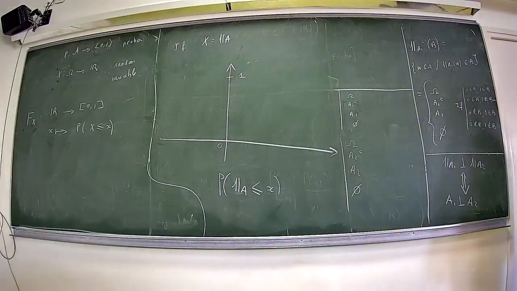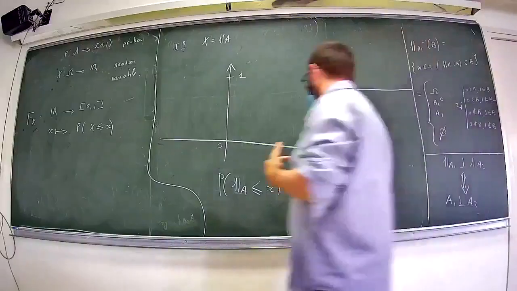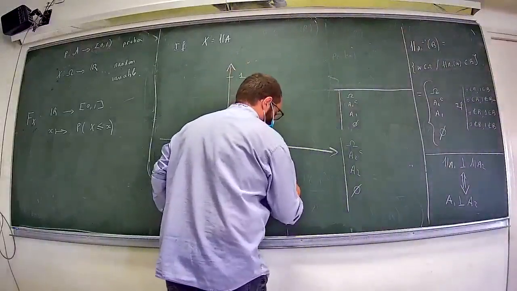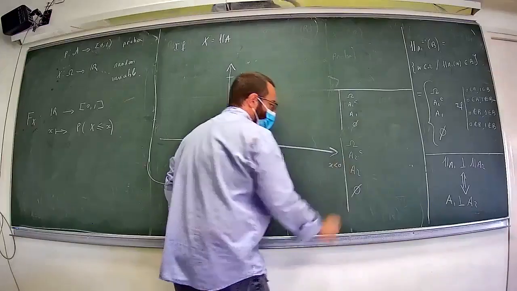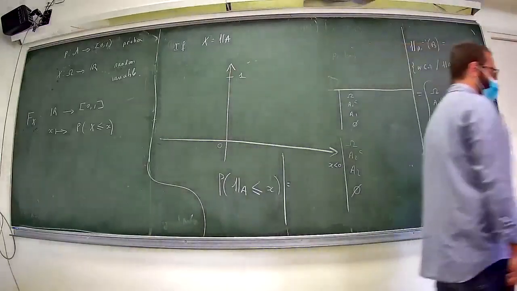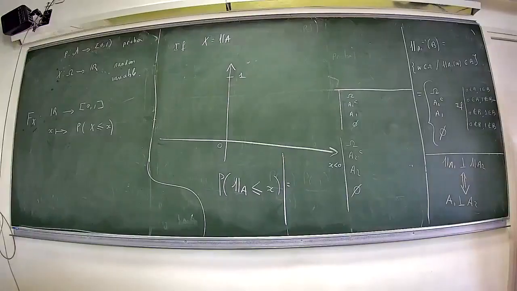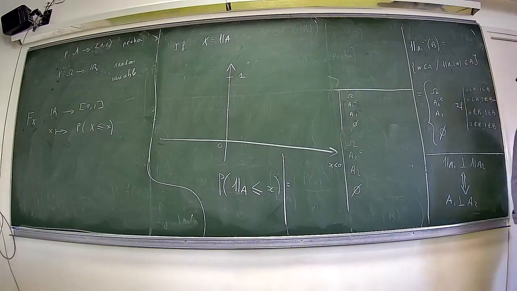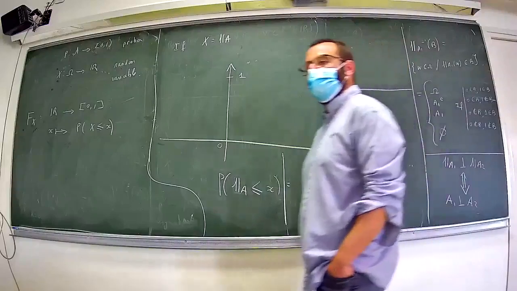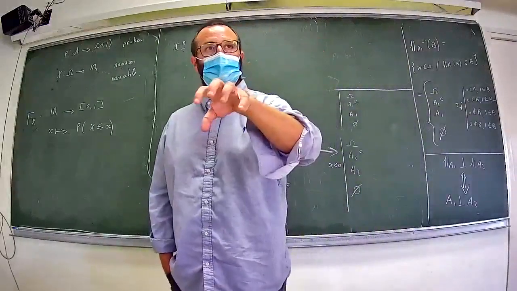What are the possible values for my indicator function? 0 or 1. So, first thing, what happens when x is strictly negative? What is the probability that an indicator function is strictly negative? 0, because my indicator function takes values in 0 or 1.